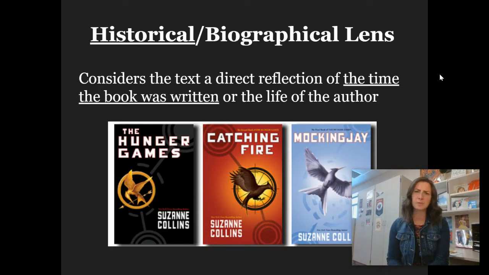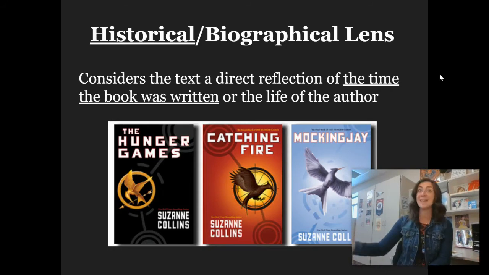If you think about what was going on in 2008, well, we were in the middle of a recession. And think back to Katniss and her life in District 12. She's very impoverished. We have a lot of people out of work and hungry. Well, that could be a direct reflection of 2008. Even though it's set in the future, it still reflects the time period that it was written.